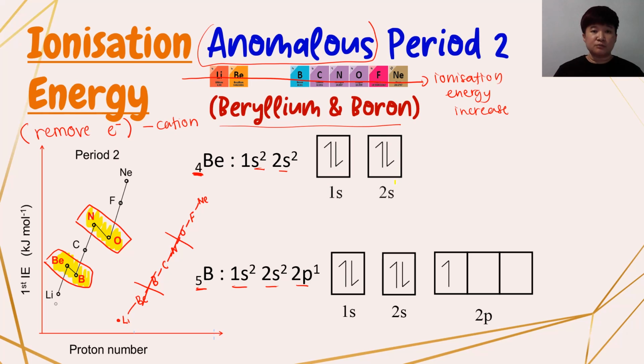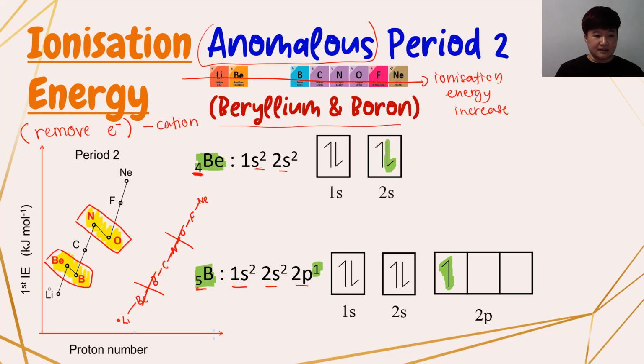We always remove the electron in the highest energy level, or the furthest from the nucleus. So in beryllium, the one furthest away from the nucleus is this electron in the 2s. While in boron, the one furthest away is obviously the one sitting in the 2p1, which in the orbital diagram is this electron.